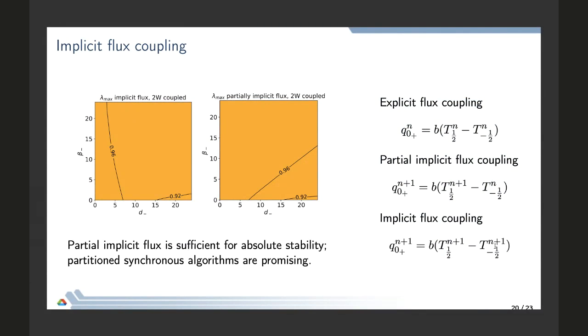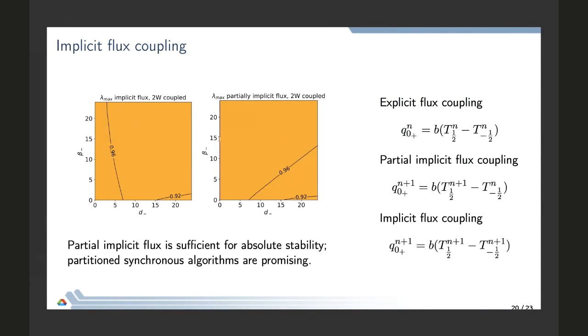Okay, let's come to the results. We can see that both the partial implicit flux coupling and implicit flux coupling are absolutely stable. This is a very inspiring result because it suggests that to achieve unconditional stability, we don't have to do an implicit flux coupling.